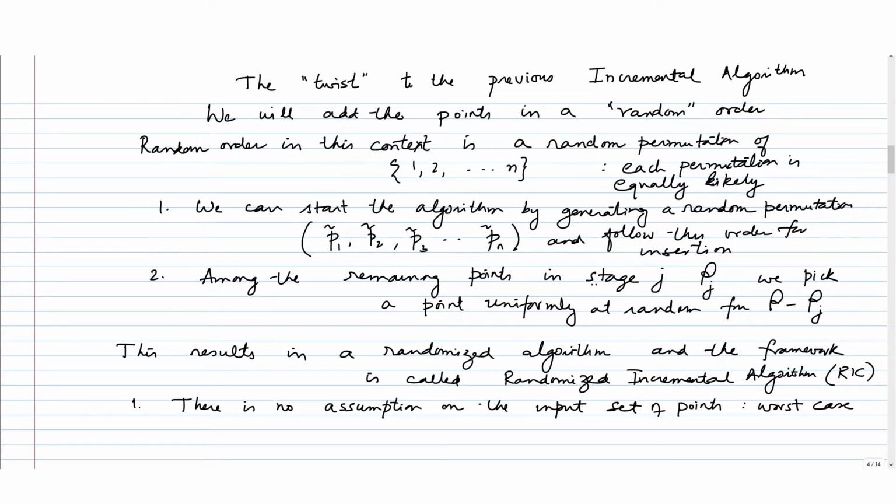Input points are not chosen randomly. Very important point. So it is worst case with respect to input, but the performance of the algorithm will depend on what is the permutation that has been generated.